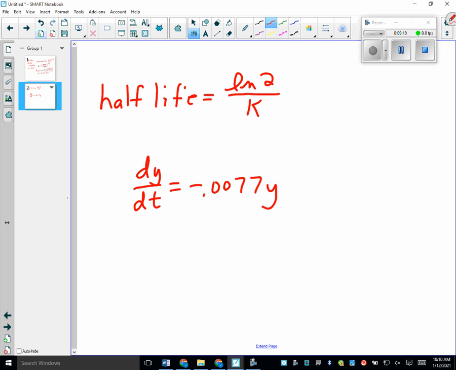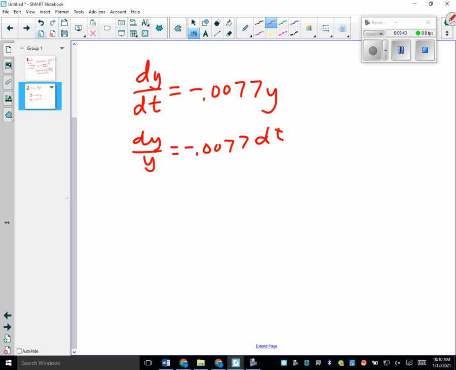Can I take the antiderivative? Can we take the antiderivative? It's a differential equation, right? So dy over y equals negative 0.0077 dt.